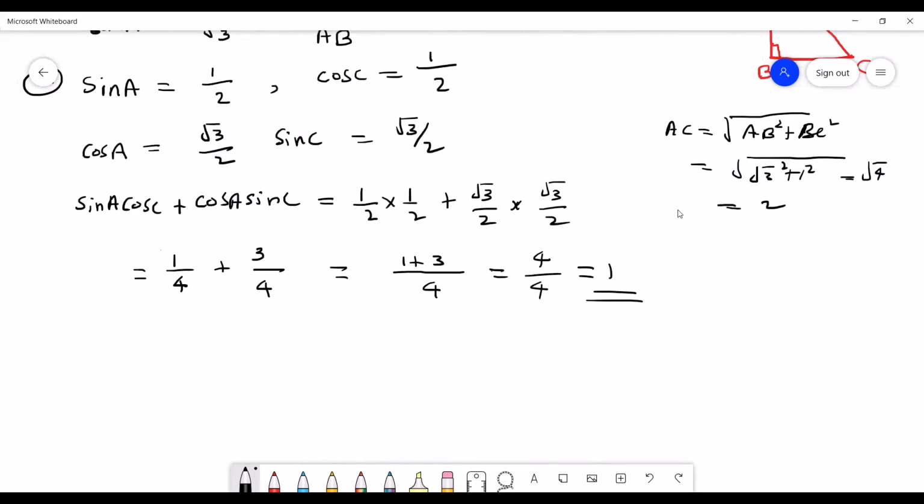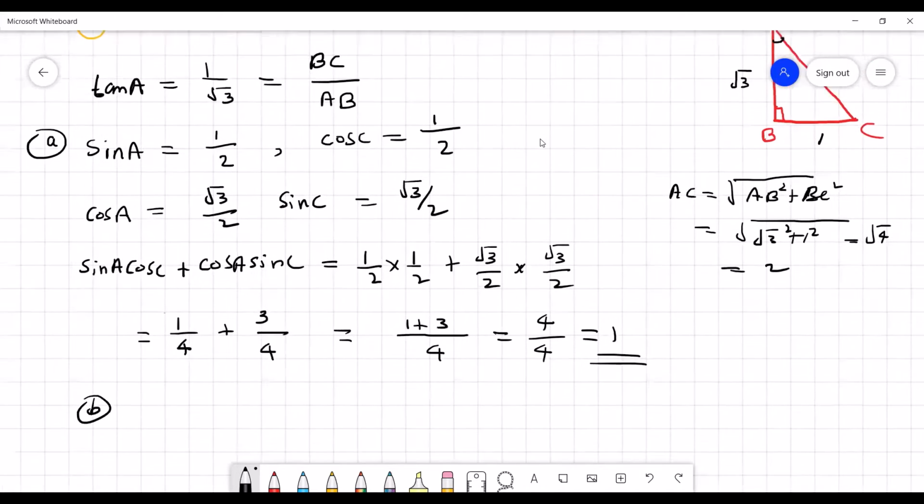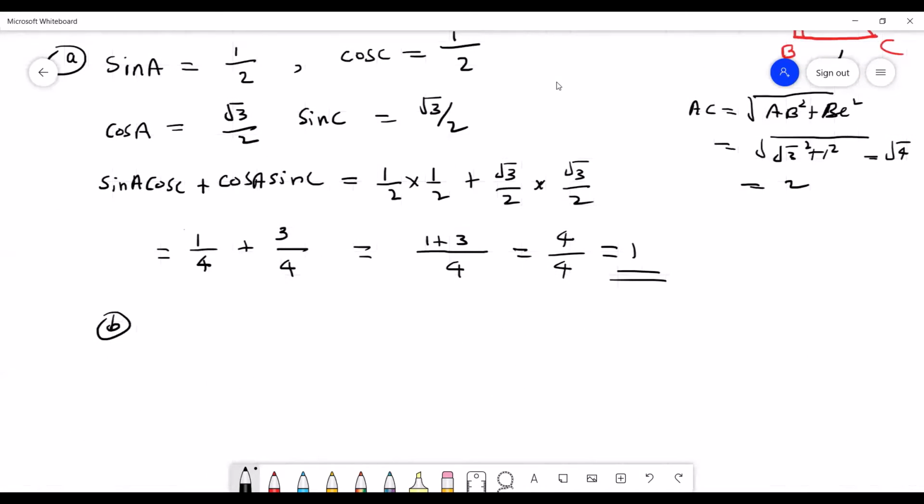The next question is B. In B, we have to find out cos A cos C minus sin A sin C. So the value of cos A we have as √3 by 2 and cos C is half.